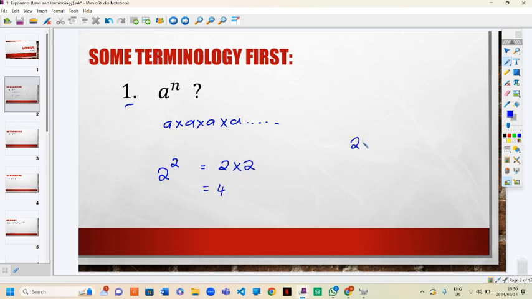If we had 2 to the power of 5, that just means that 2 is multiplying by itself 5 times, and we get 32. So a to the power of n just means that a is multiplying with itself n amount of times. I don't know what n is, it's a number that's a mystery. Alright, so that's what that means. I hope that makes sense.